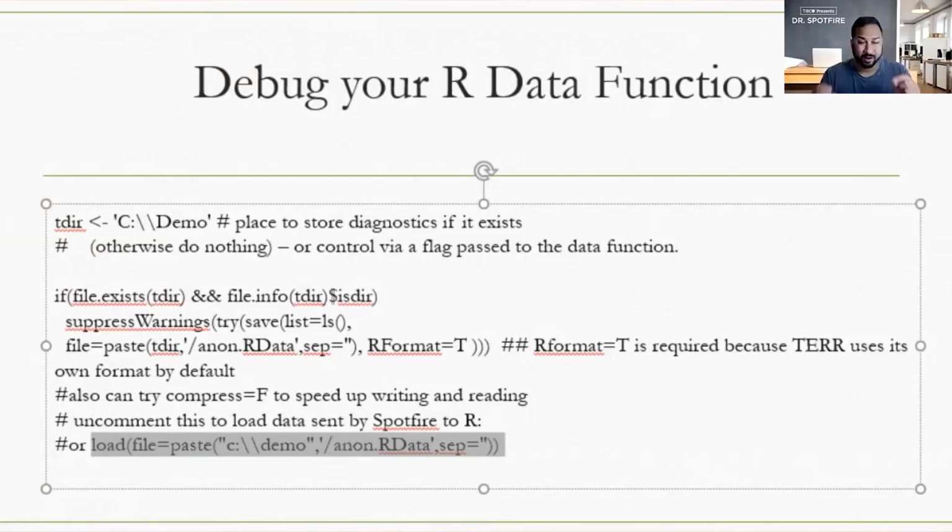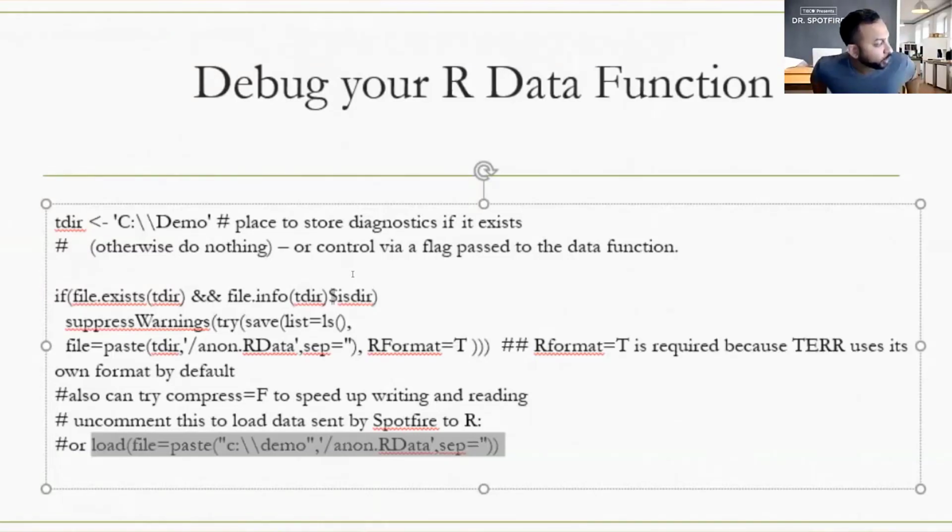So what this is doing is creating an R data file, and the R data file is kind of an environmental data file that you can open in RStudio, and that's going to bring in all of your data tables that you might have in your session. It's going to bring in any inputs and outputs that you have in your session, and then that allows you to use the RStudio IDE to then build your data function. So it's always kind of package everything up, move it over to RStudio, work with it in RStudio, and then bring it back and forth.